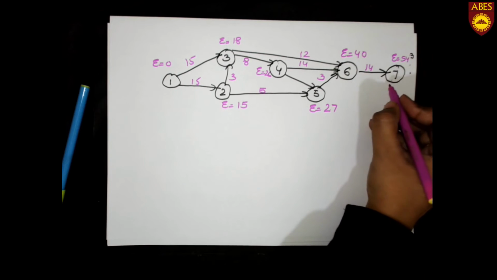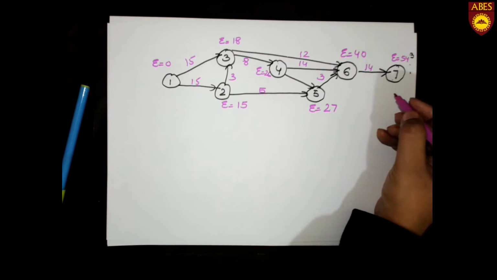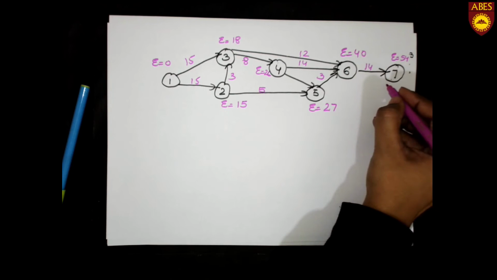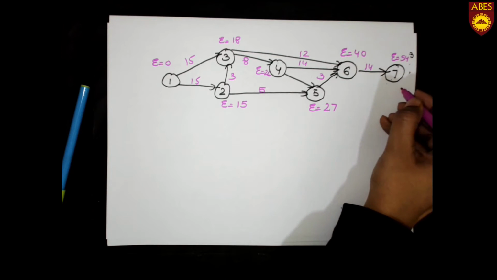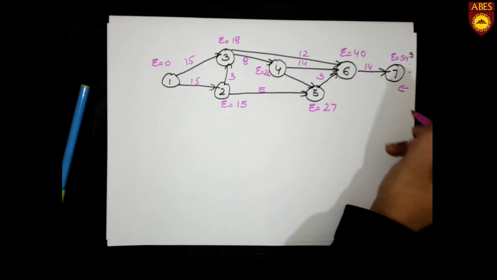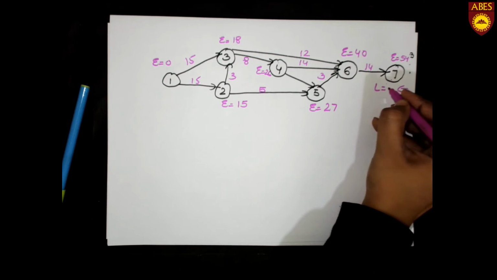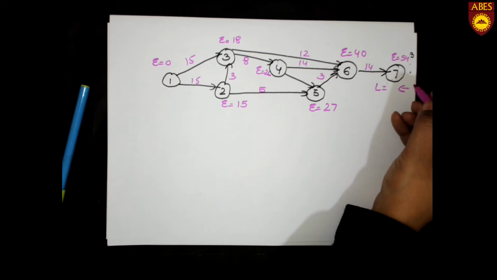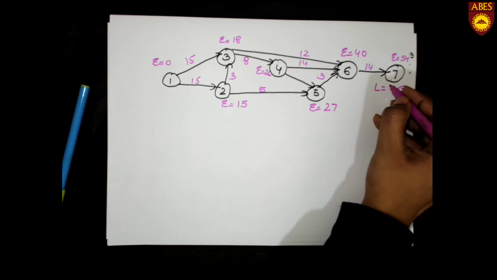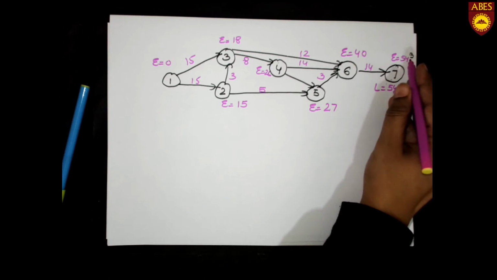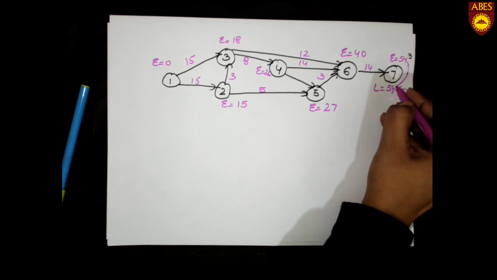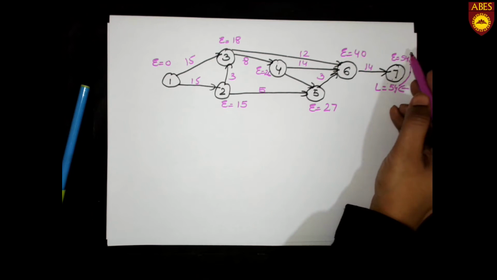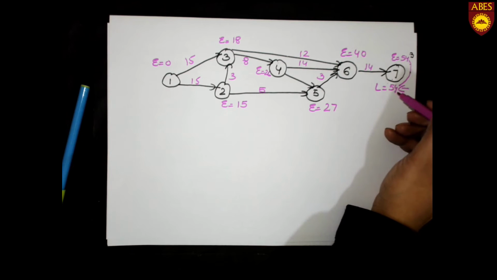Like for 7, since it is the backward pass method, now we will be going from this direction. Here we took E as 0 and L we will take as 54. That is the latest, that is the maximum time available. We have to adjust our activities between this time.